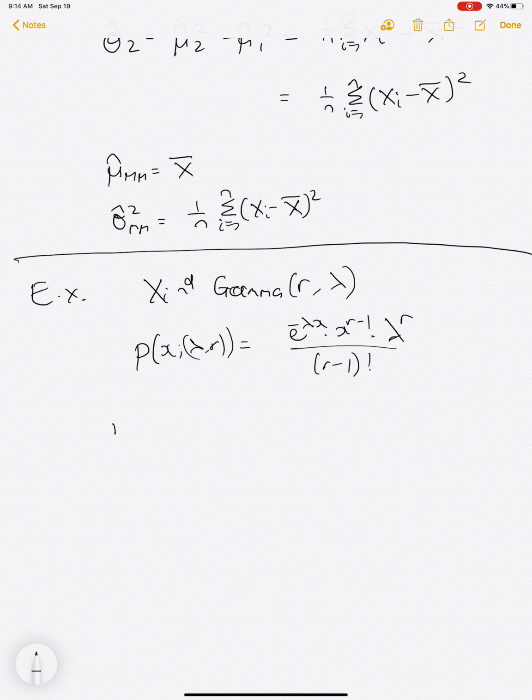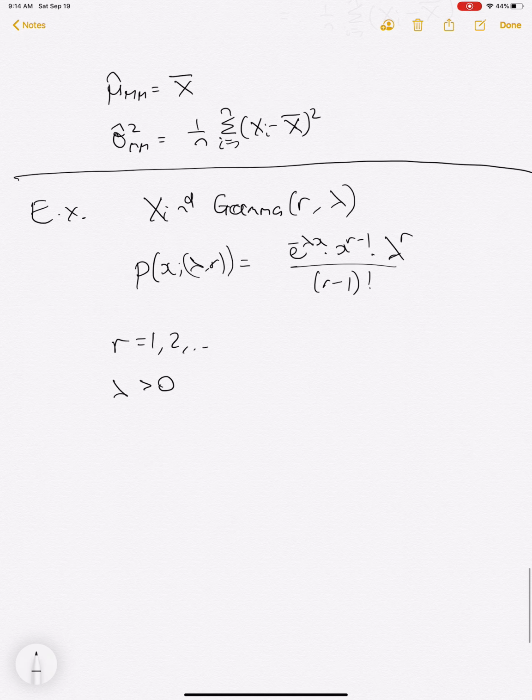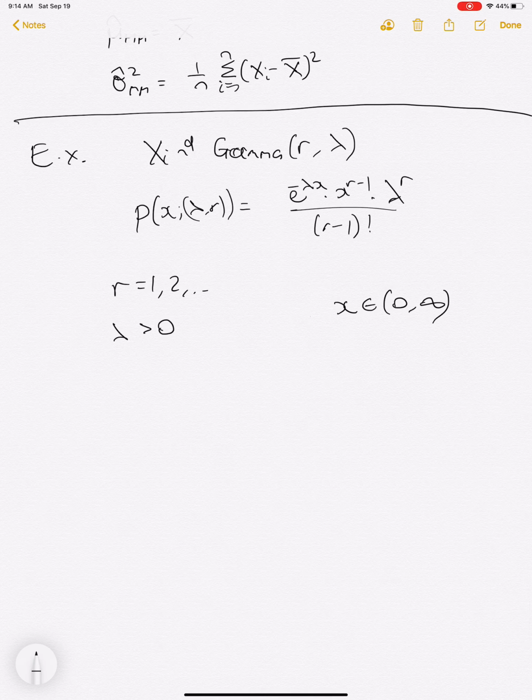So here we have r could be 1, 2, and so on, and then lambda could be anything bigger than 0. So this is what the PDF looks like. And this expression holds for x in the range of x.